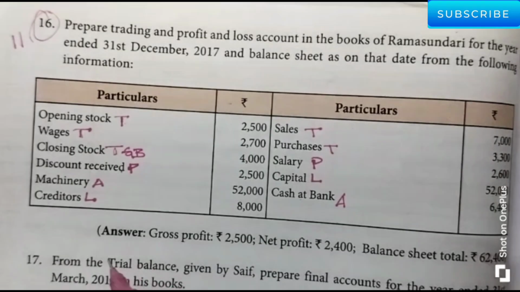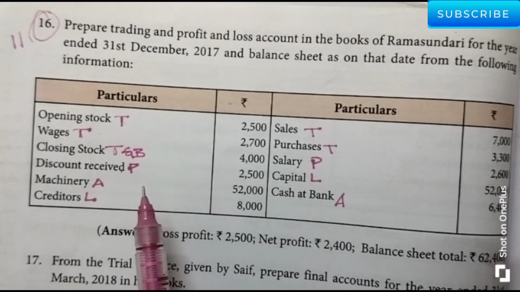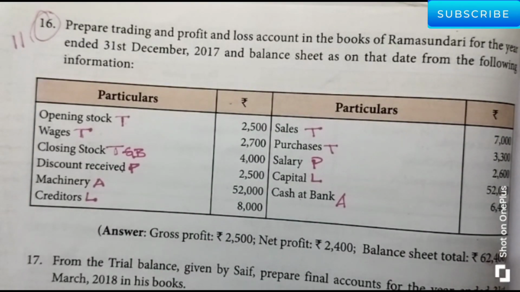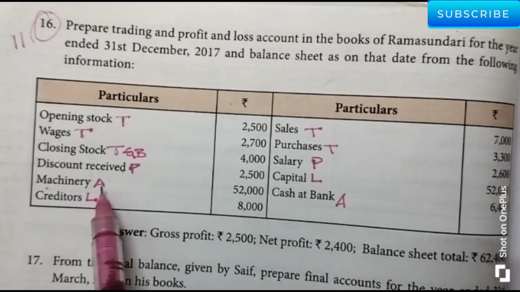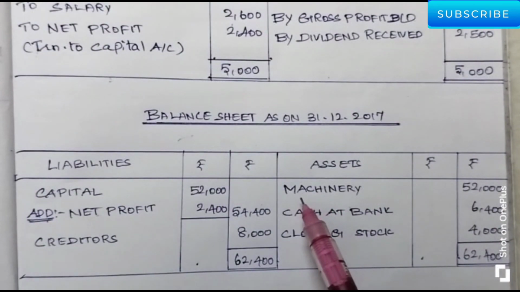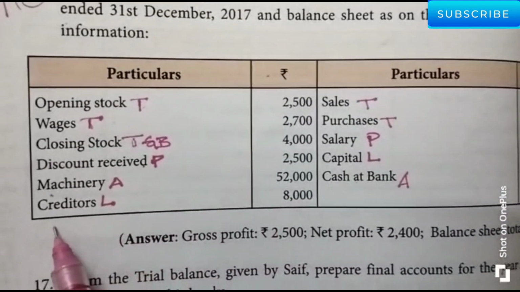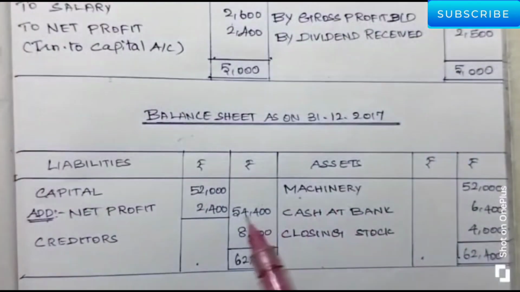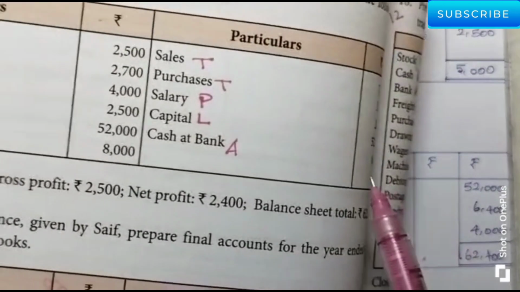Next we have to enter, according to the given information as per the question, the items which are related to the balance sheet. As per that, machinery is an asset, 52,000. So on the asset side we have to enter machinery 52,000. Then creditors is a liability, 8,000. So we entered creditors 8,000 rupees on the liability side.